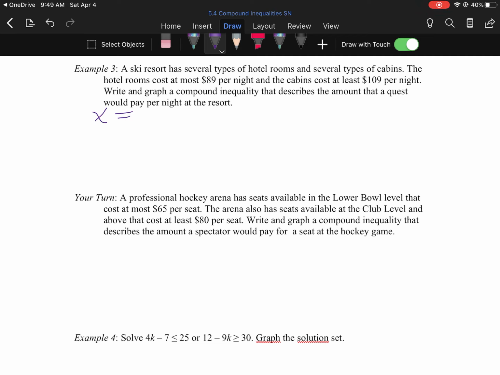We are going to say that x is going to equal the amount of money we are spending per night. So the money spent per night. All right, so we have the hotel rooms cost at most $89 per night.